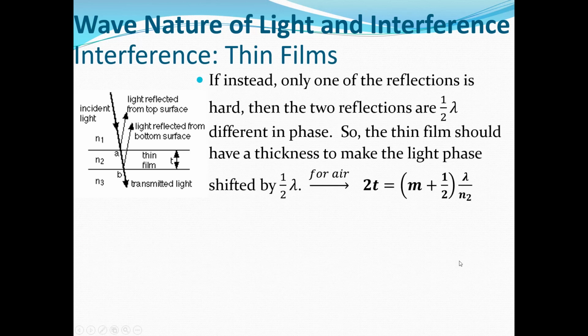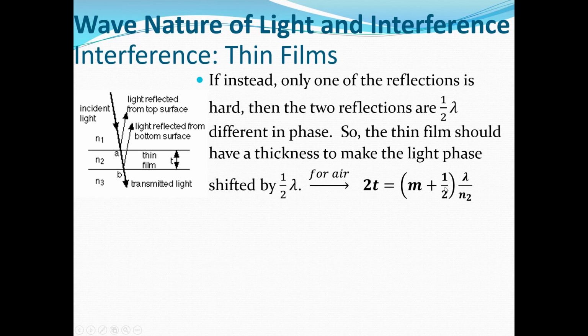So if instead only one of these reflections is hard and the other one is soft, so one of them gets half a phase shift while the other gets no phase shift, then this thickness has to be such that we get a half integer wavelength. So instead of m times lambda over n2, we have m plus a half.